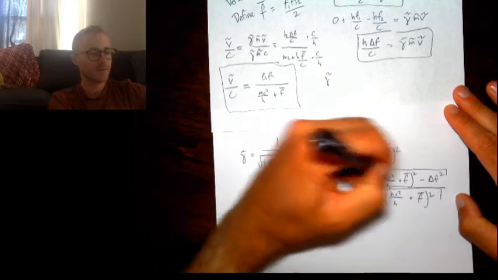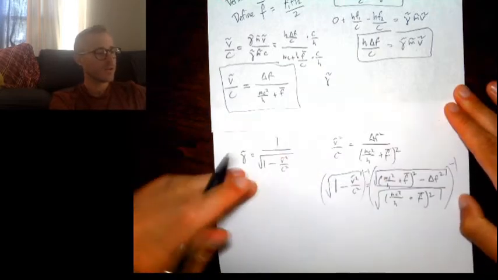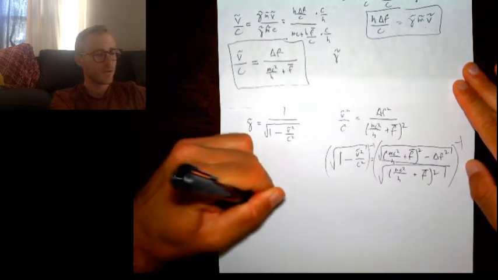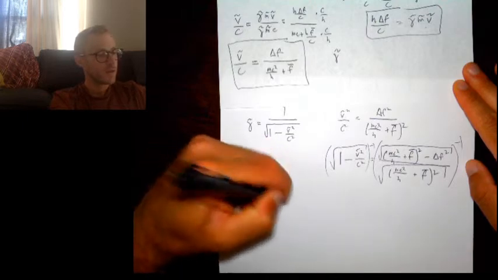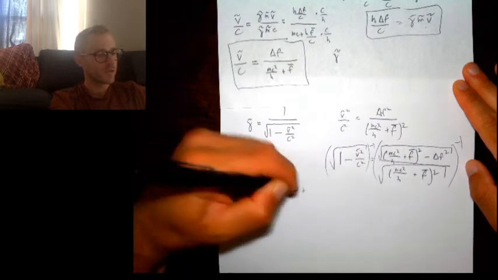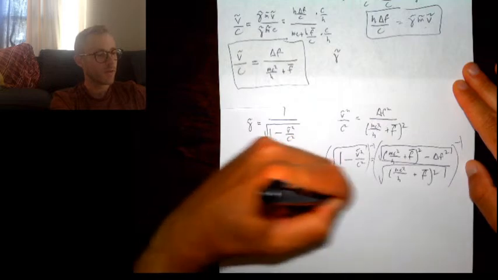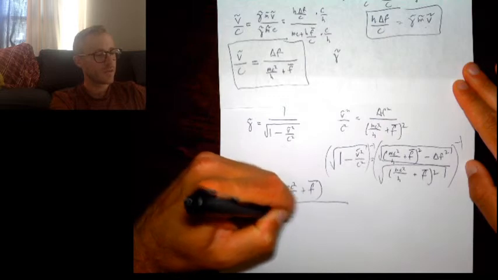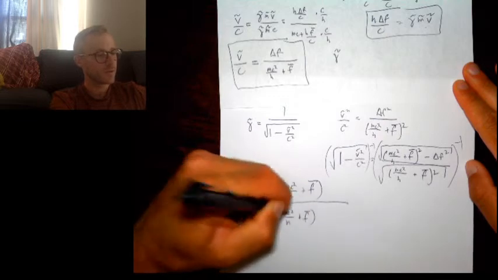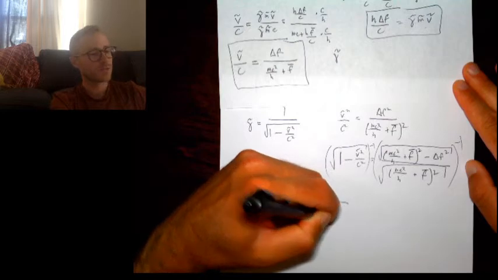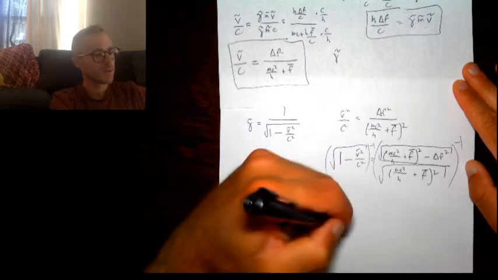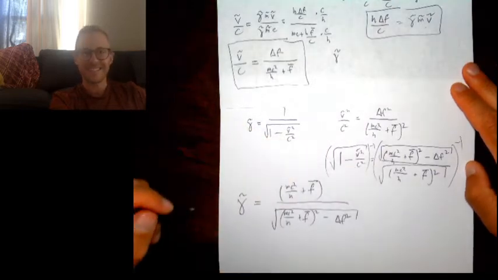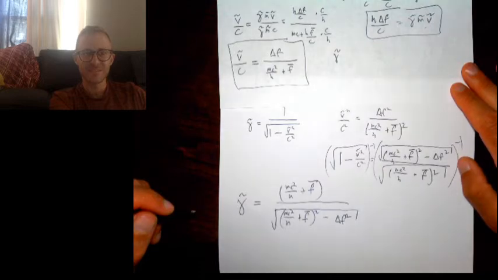So that means that gamma squiggle equals MC squared over H plus F bar over the square root of MC squared over H plus F bar quantity squared minus delta F squared. So that's nasty. That's real nasty.